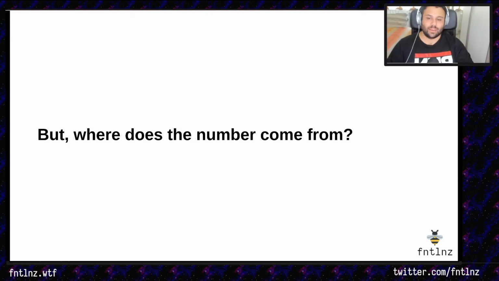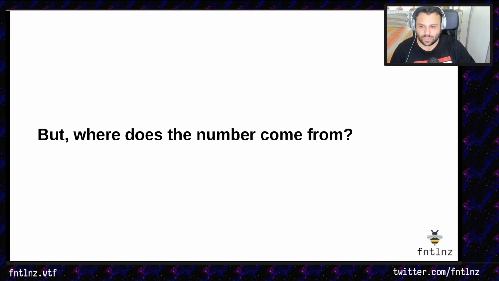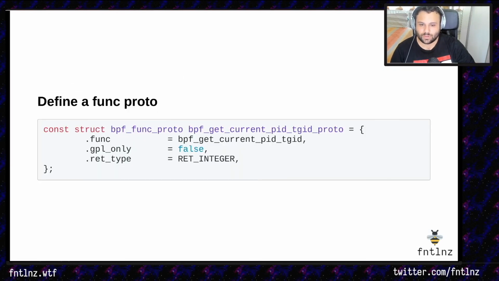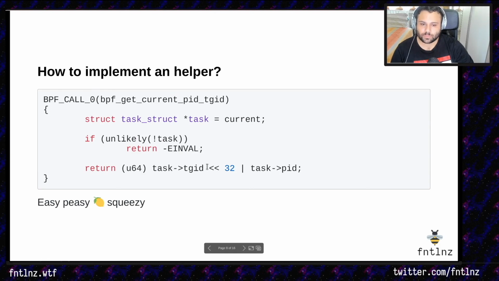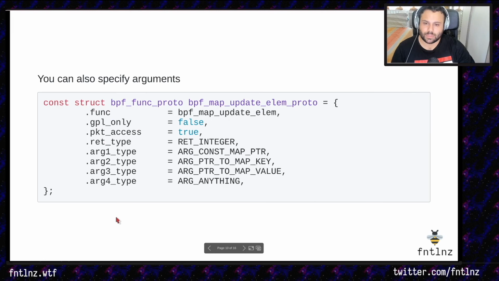But again, where does the number come from? You remember 14, 25 is just a function mapper, which is a macro. For every one of them, it defines the BPF_FUNC constant that we've just seen before here, BPF_FUNC_perf_event_output.